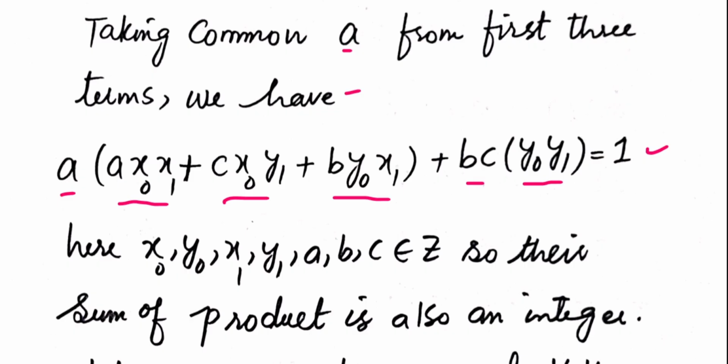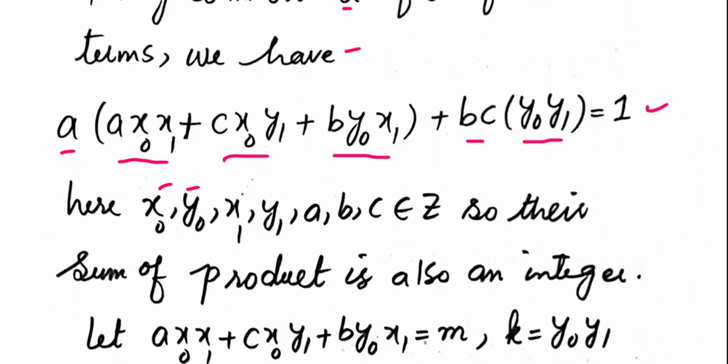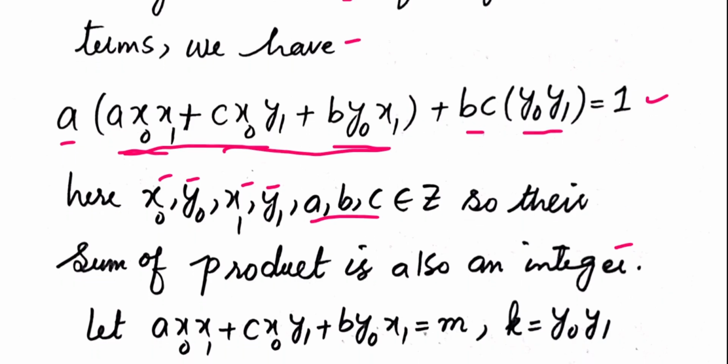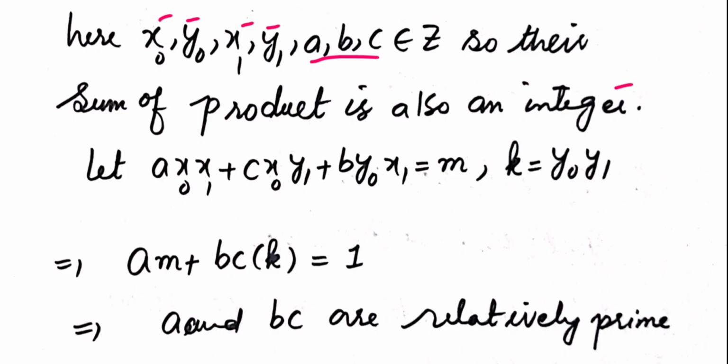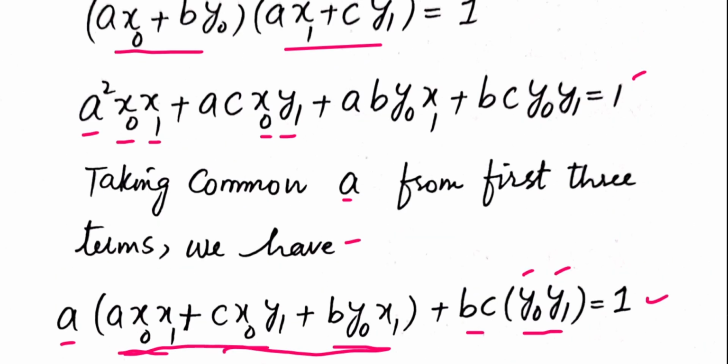Here x naught, y naught, x1, y1, a, b, c all are integers. So the sum of products is also an integer. So this sum is surely an integer. Say this integer is equal to m, and this product y naught into y1 is also an integer.